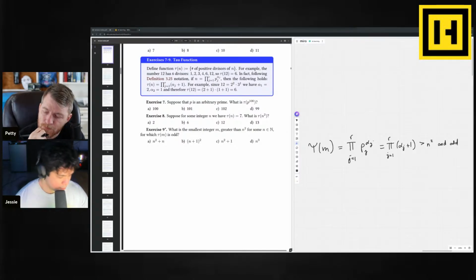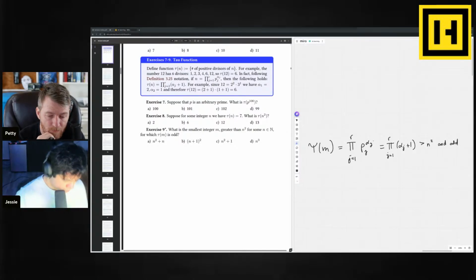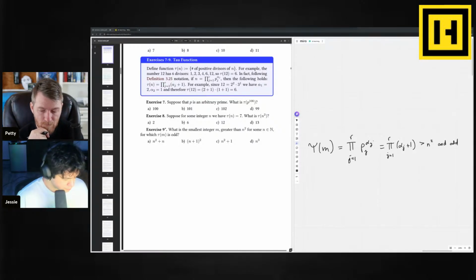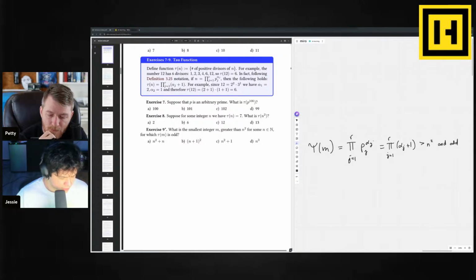Okay, let me go back to the book. So can we just plug all of these in and then see which one yields tau of m is odd? That would definitely work. What is just the tau of n squared?